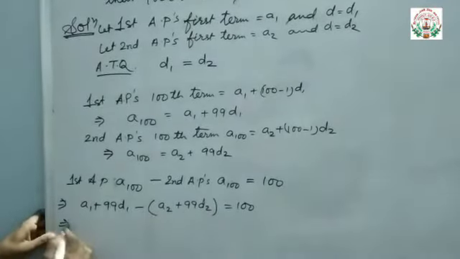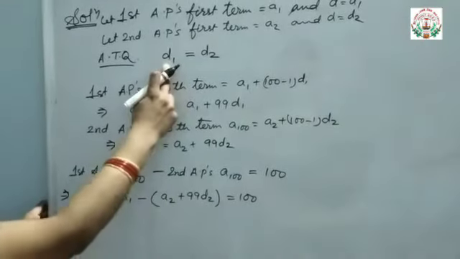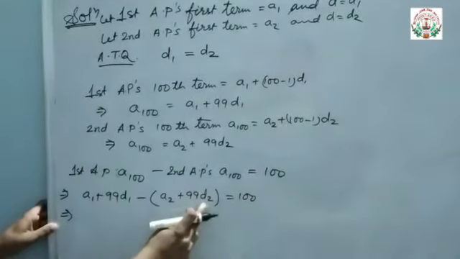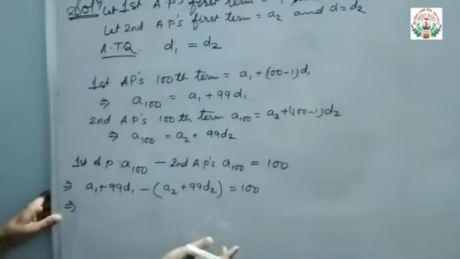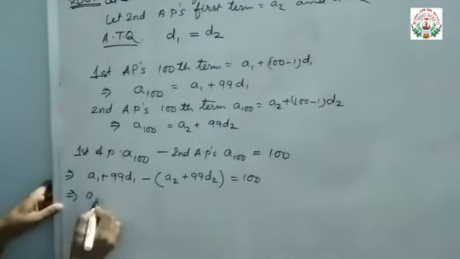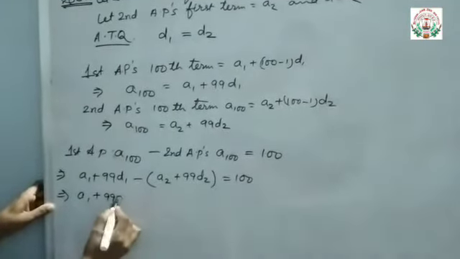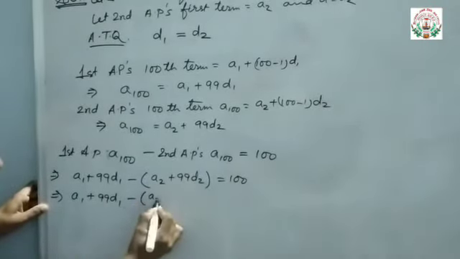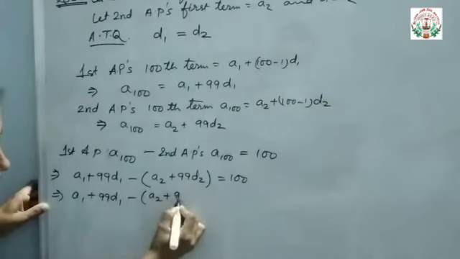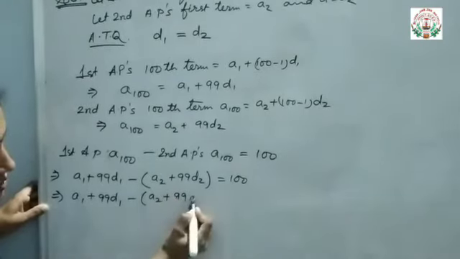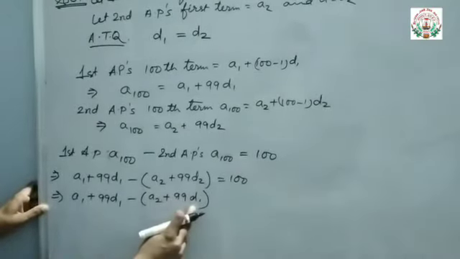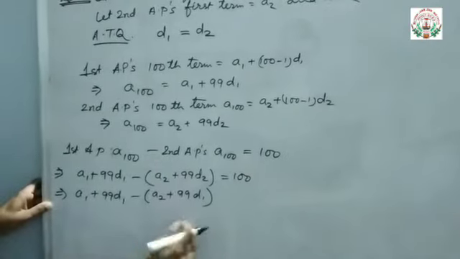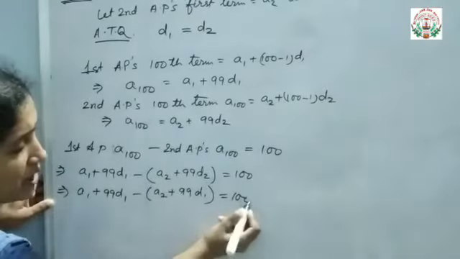Okay. Now we know that d2 equals d1. So wherever d2 is there, I can put d1. Now see A1 plus 99 d1 minus (A2 plus 99 d1). You know why it came? Because we know that d1 equals d2. Now equals 100.